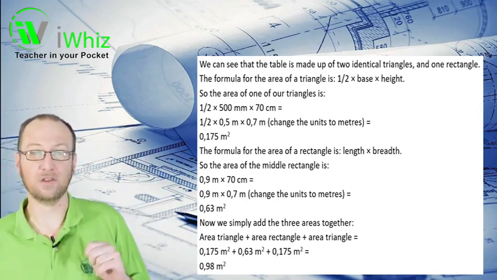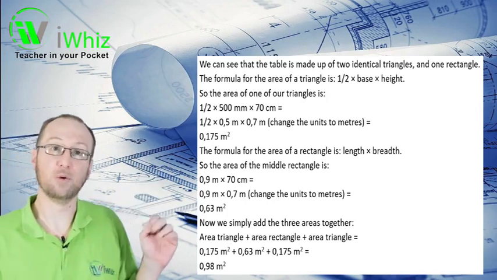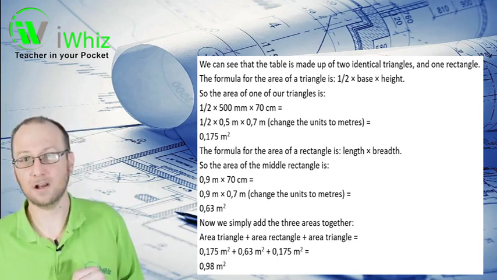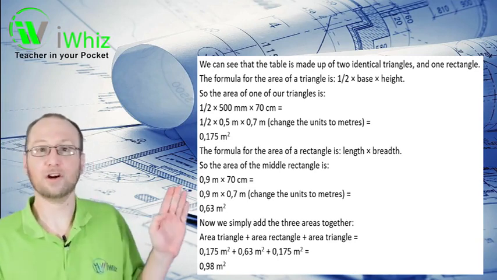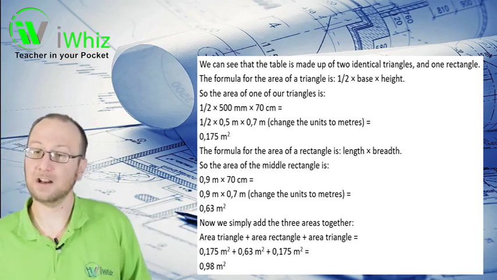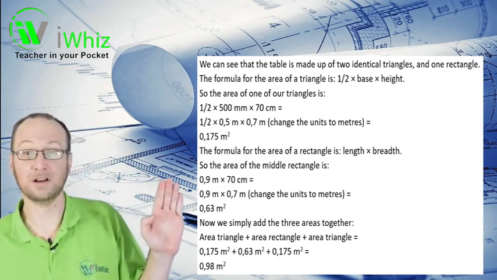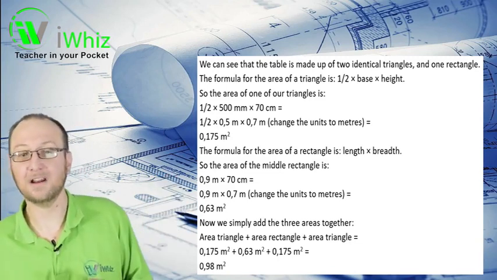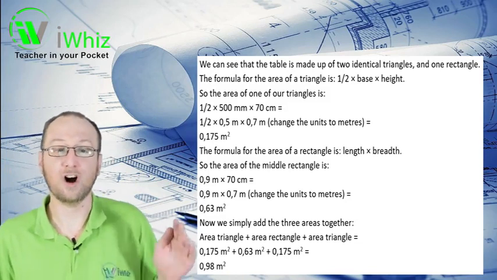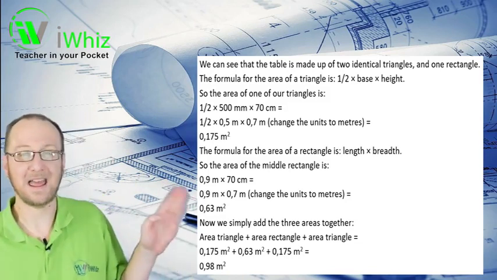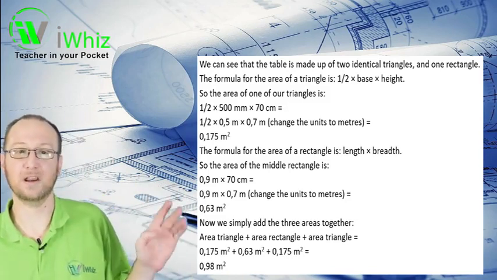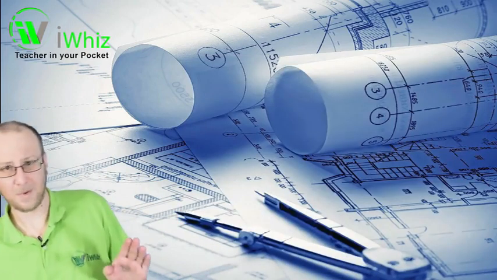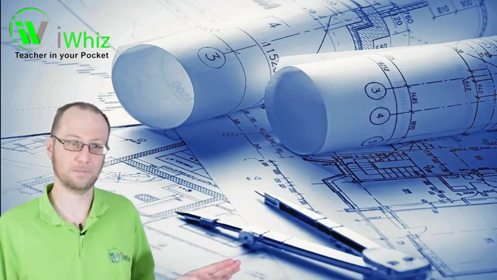So we're going to then go 0.175 meters squared plus 0.63 meters squared plus 0.175 meters squared, and we end up with a total of 0.98 meters squared. Okay, so far all good.